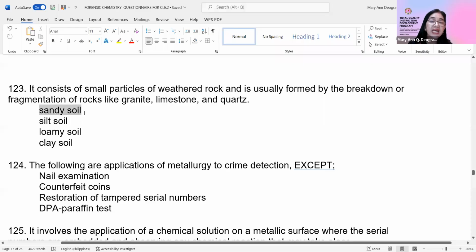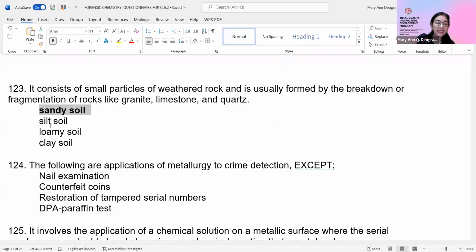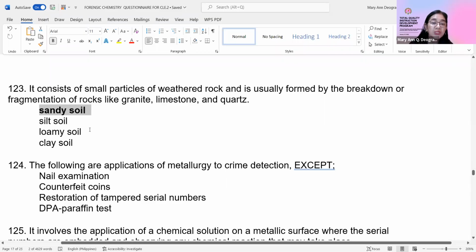Ano pinagkaiba ng sandy sa silt? So sandy soil is the particles of sand is larger than the particles of the silt. Silt is mas maliliit kaysa sa sandy, mas malalaki sa clay. So in between nung dalawa.